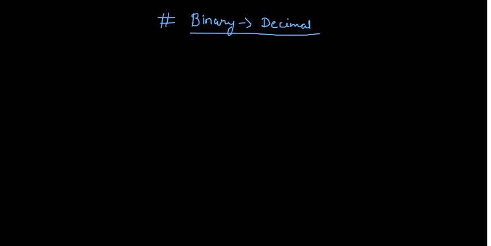Let's take the questions: 01 base 2, and the second question, 101 base 2. Remember, these are binary, so we need to convert them into decimal format, like 13, 14, 5, 10, the numbers that we are familiar with.